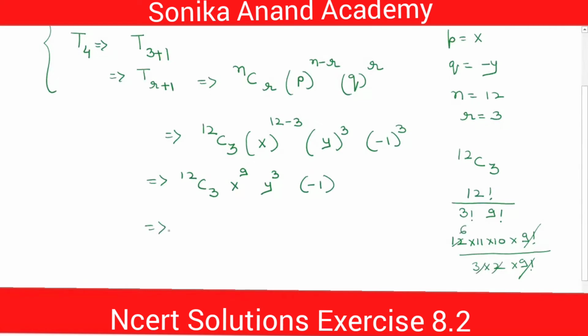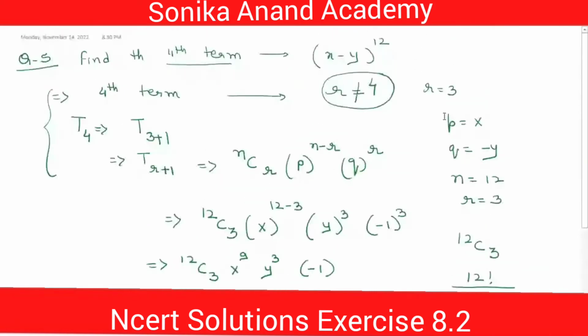So we have 6 into 11 into 10 x to the power 9 y to the power 3 with the minus sign, that is minus 660 x to the power 9 y to the power 3. So the main thing is that here, be careful. Just note it down.